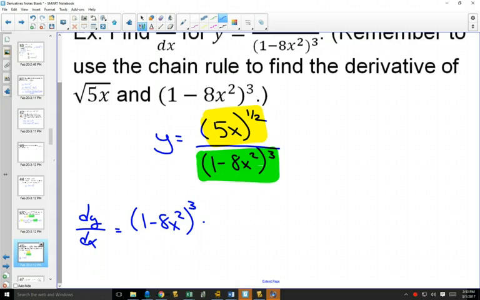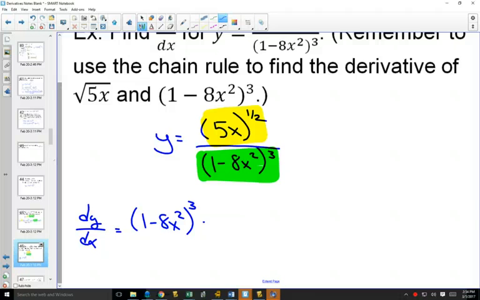When you're looking for a function inside of a function, you're basically saying, if I look at my inside function, which is 5x, if I take the derivative of that, do I get something different than 1? Because if I get something different than 1, yes, I have the chain rule. The derivative of 5x is 5. So I do have a chain rule.